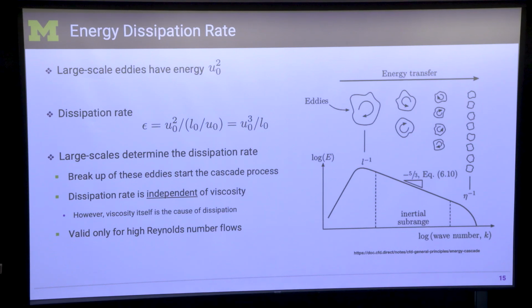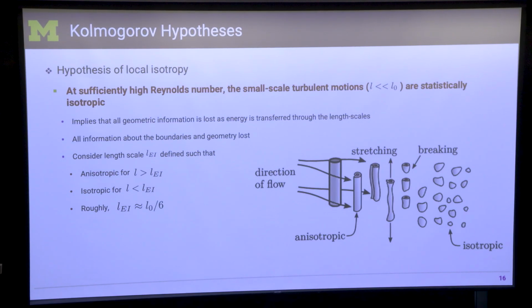It only depends on how much energy you're feeding into the large scales once you have the spectrum established. So that's what it says here. The dissipation rate is independent of viscosity, although the cause of dissipation itself is viscosity. So this is something to keep in mind. It's not so critical for what we're going to talk about, but I think it's a useful construct to have.